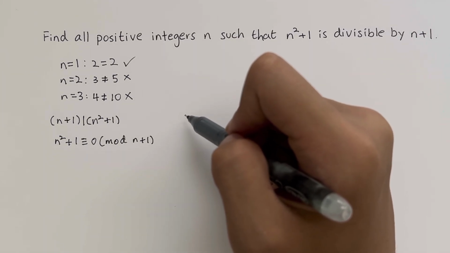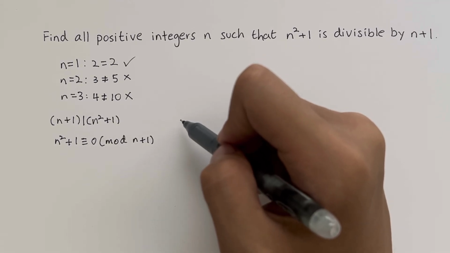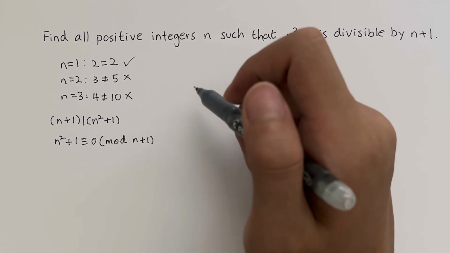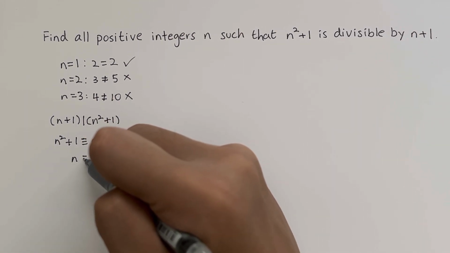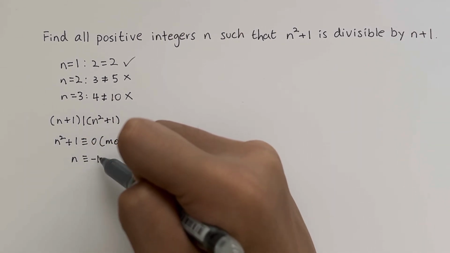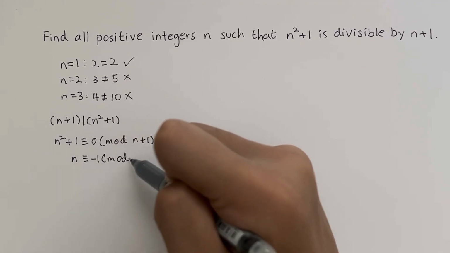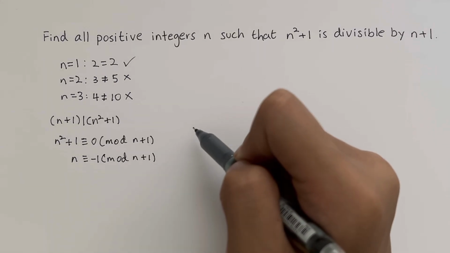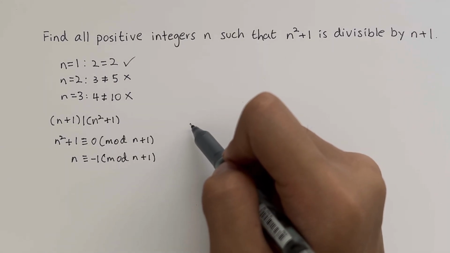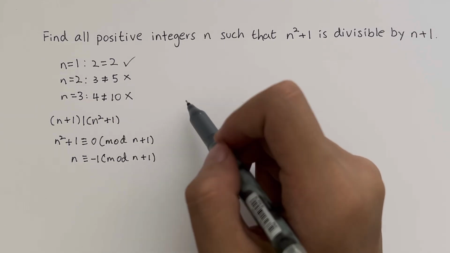Then, here's the trick. We want to get rid of that n in the n squared plus 1 term. We know that n is congruent to -1 mod n plus 1. So, let's substitute this into the expression n squared plus 1.